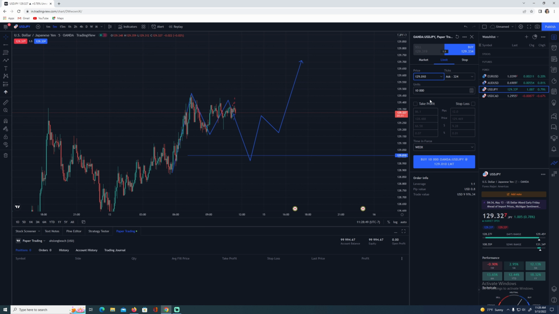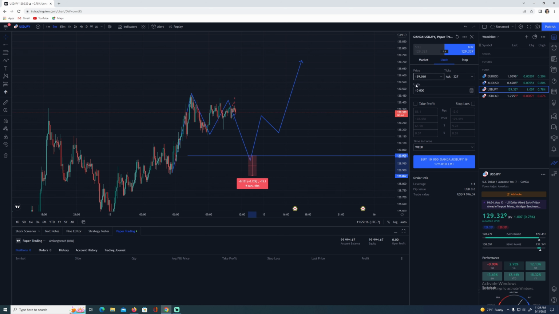Because of our analysis, we don't want price to go below this low, because if price goes below this low, that means it's a break of structure. That's our analysis. So we want our stop loss to be right below that low. Let's say it's there. So our stop loss is going to be 15 pips.